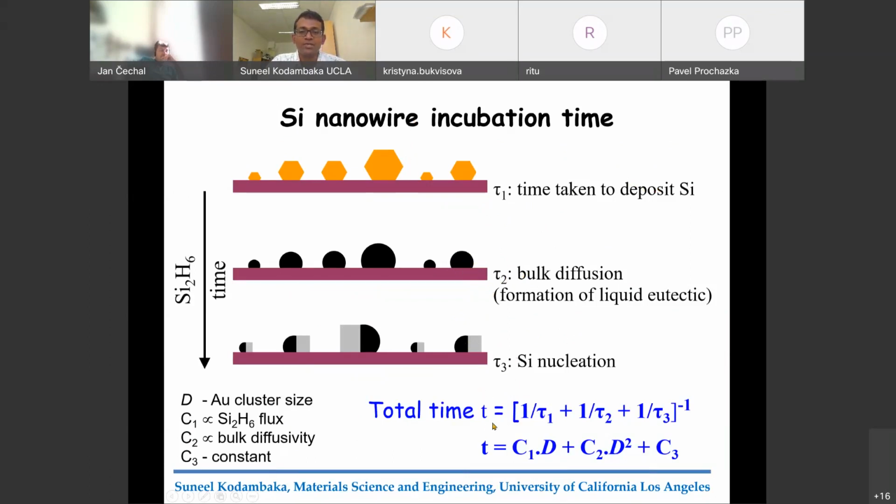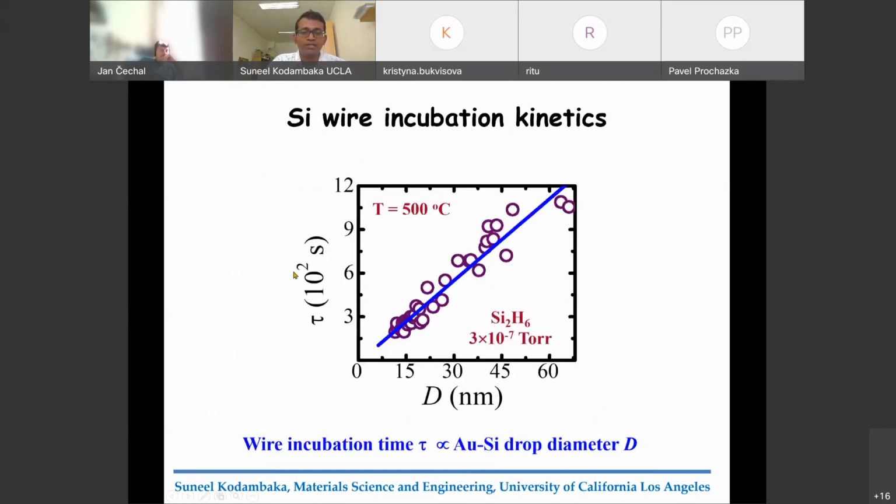This total time, starting from pure gold to the very instant that we observe this nucleation, is what we're going to refer to as incubation time. When we plot the incubation time from the images acquired at any given temperature and pressure, you see that it increases with the size of the gold particle or the gold silicon alloy droplet.